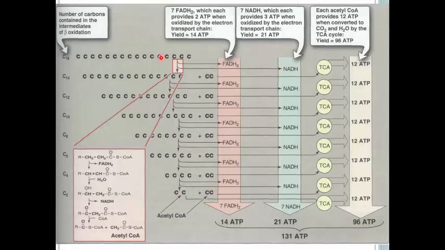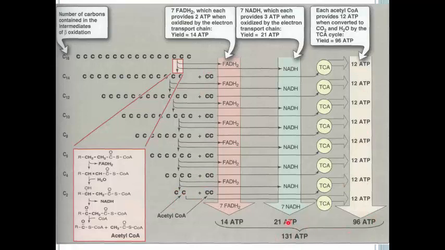So for palmitic acid, these series of reactions are repeated 7 times. So 7 FADH2 molecules are formed, which will generate 14 ATPs. 7 NADH molecules are formed, which will generate 21 ATPs, and 7 acetyl-CoA plus this one. So a total of 8 molecules of acetyl-CoA will form, and it will generate 96 ATPs.